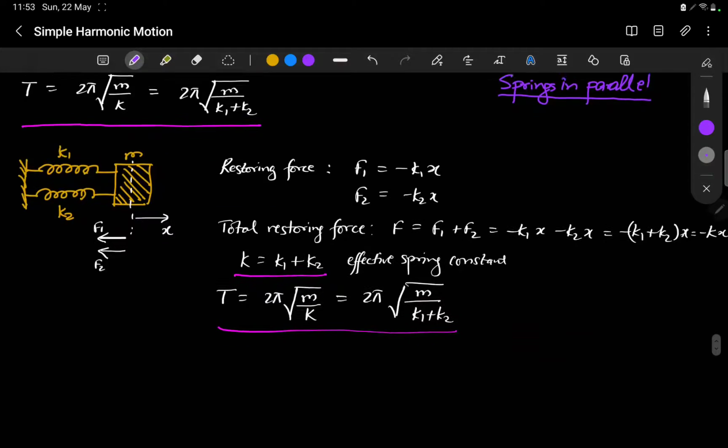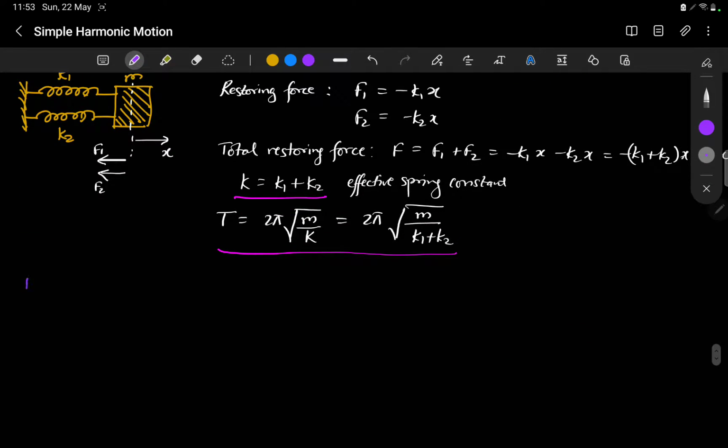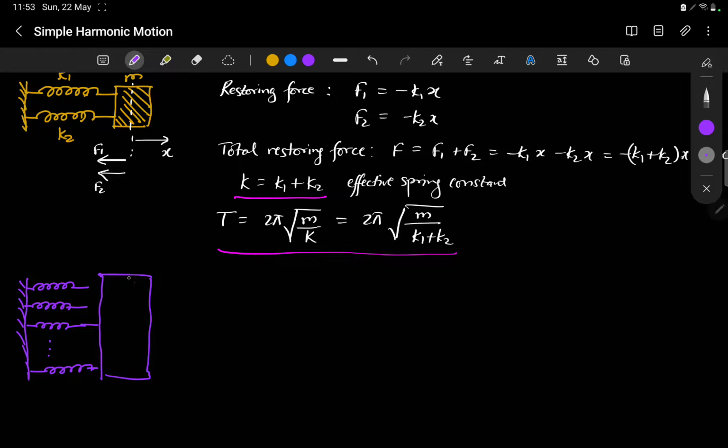So if we have n springs in parallel, and then a block of mass m, with spring constants k1, k2, k3, and so on up to kn, then in this configuration our effective spring constant would be the sum of each of the individual spring constants.